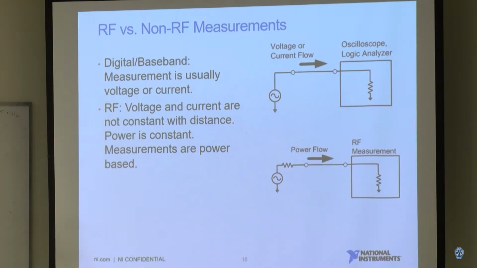But the power is constant. This is why when we talk about RF measurement, we always deal with power, not voltage and current. So if you hear someone talk about voltage and current, that means they are not working in RF.